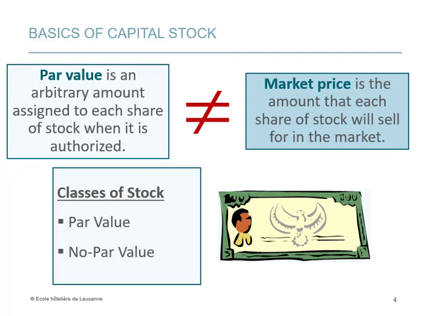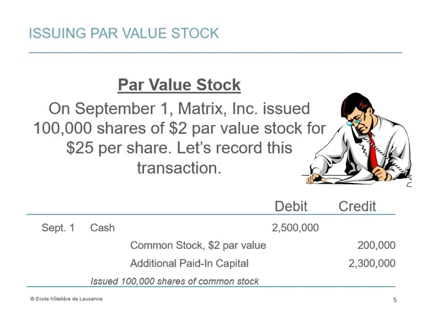It fluctuates based on market conditions, and it is the amount that each share of stock will sell for in the market. Normally the market price and the par value are significantly different. If the market price exceeds the par value, the difference gives us additional paid-in capital.